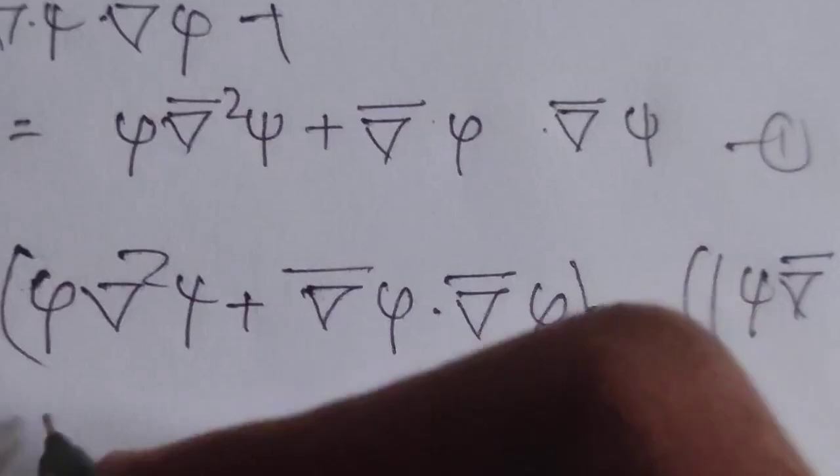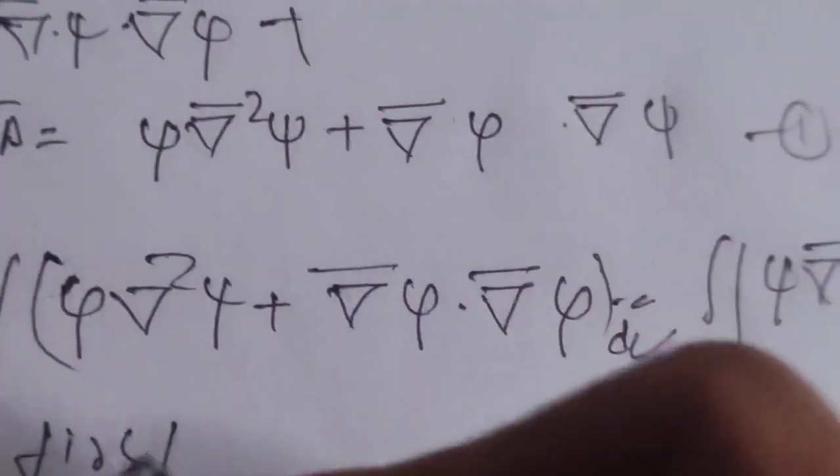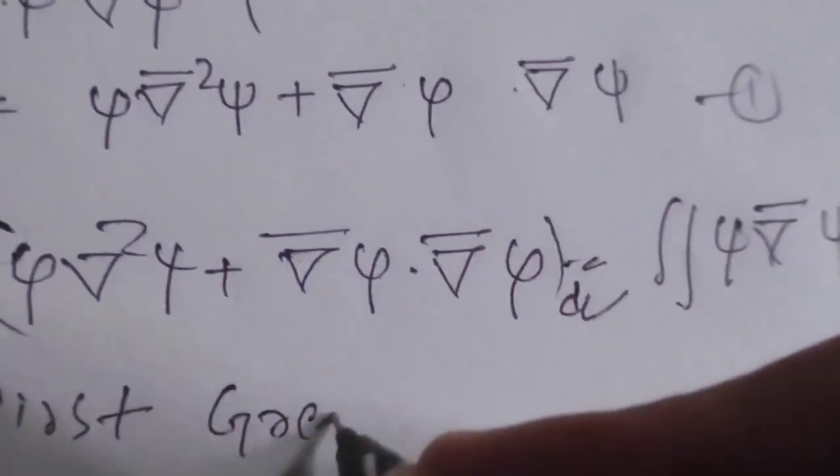So this is the first form of Green's theorem. This is our equation 1.